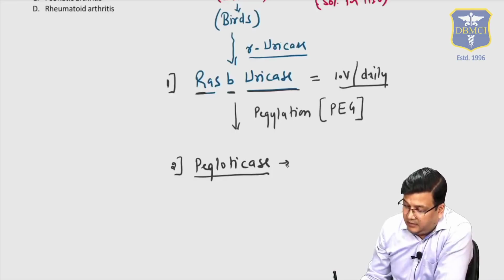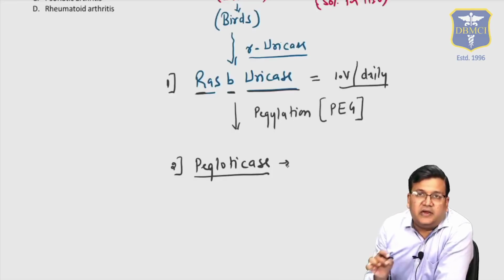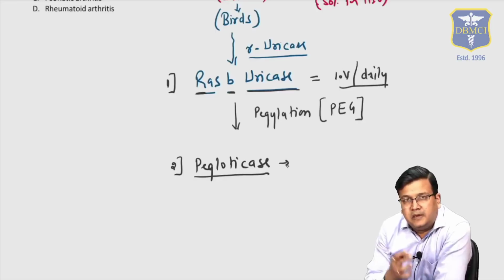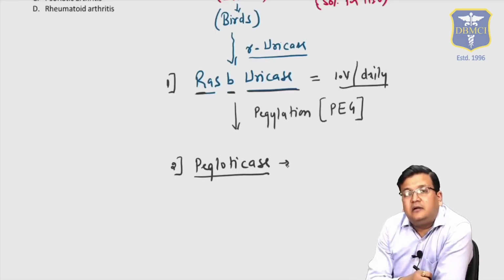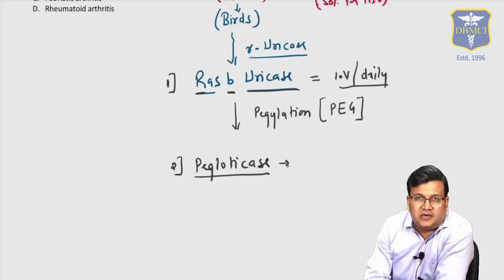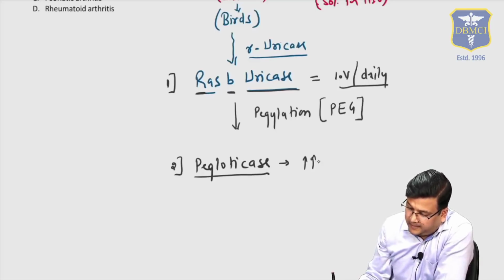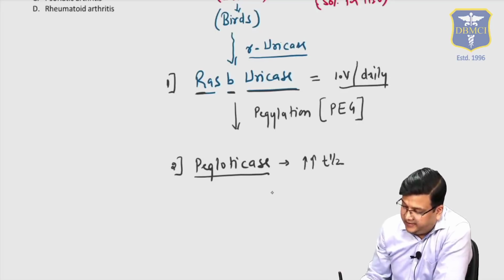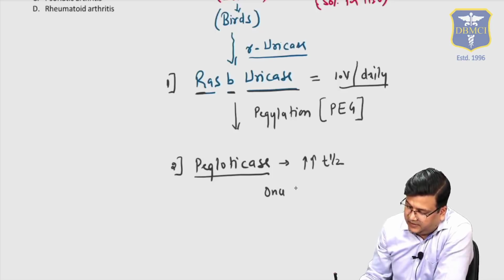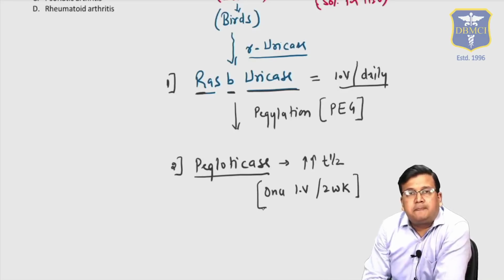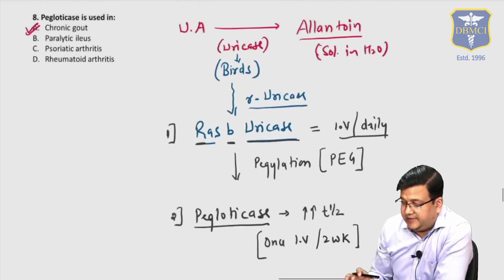Pegloticase is simply pegylated uricase, and whenever we add polyethylene glycol, the size of the molecule becomes larger, and when the size of the molecule becomes larger, the renal excretion decreases, so the drug becomes longer acting. So this drug has a longer half-life than the simple Rasburicase, and it is given once IV, one injection in 2 weeks, once in 2 weeks. So it is a longer acting uricase. So uricase, Rasburicase and pegloticase.